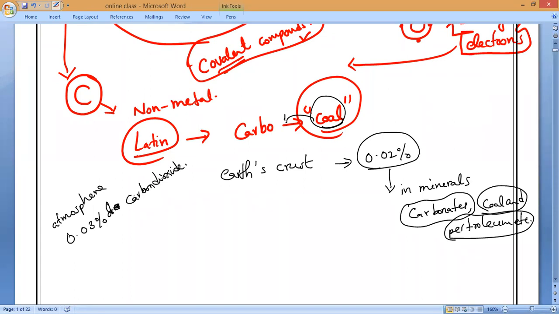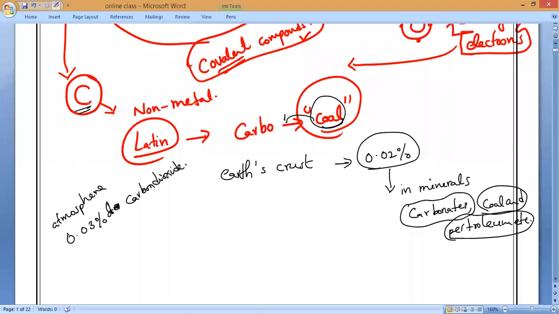percentage. So even though, if you notice, it is a very, very small percentage in the earth's crust as well as the atmosphere, in spite of this small amount of carbon available in nature, this carbon element has a very important role in our everyday life.